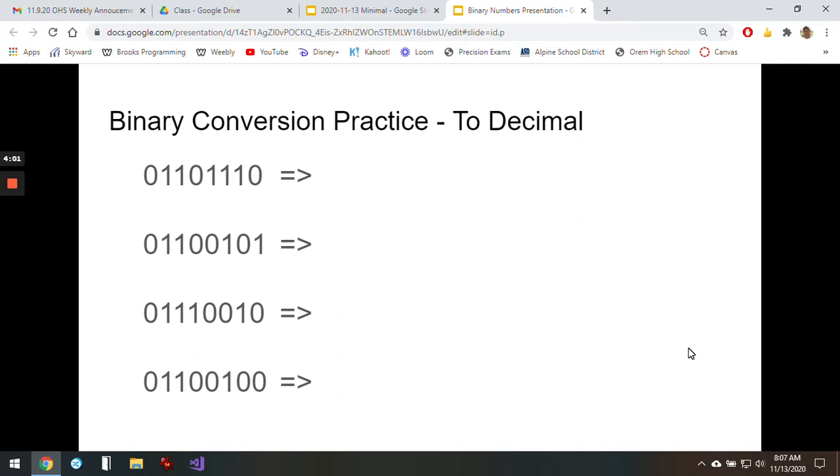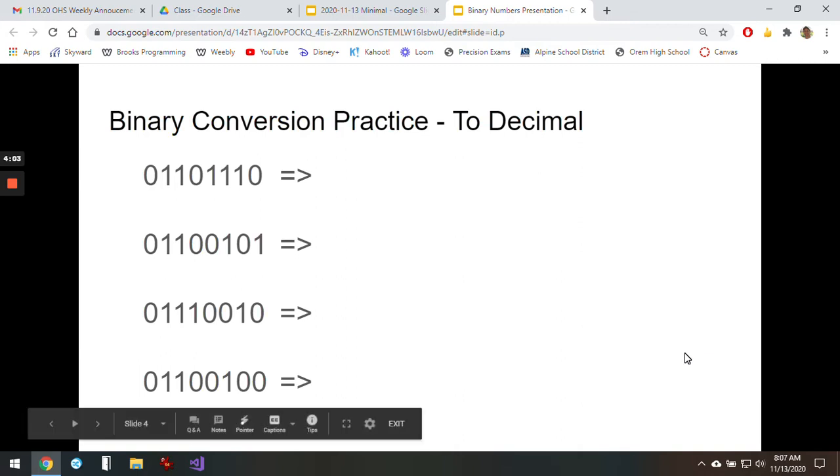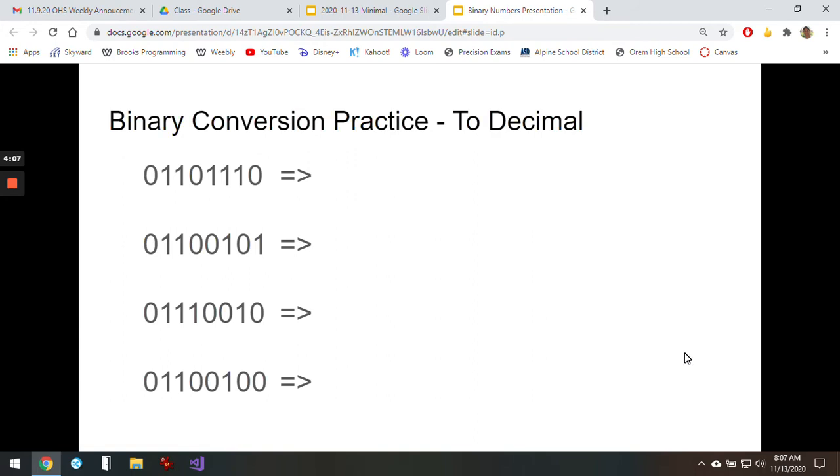See how I did that so far? Now it's a matter of adding up the numbers above where the 1s are. So I add 64 plus 32 plus 8 plus 4 plus 2. That's 96, 104, 108, 110. So this is 110.